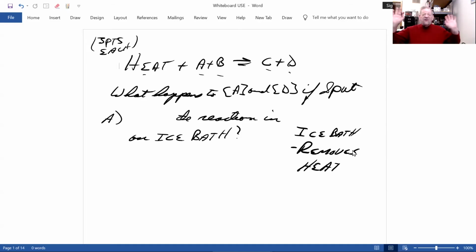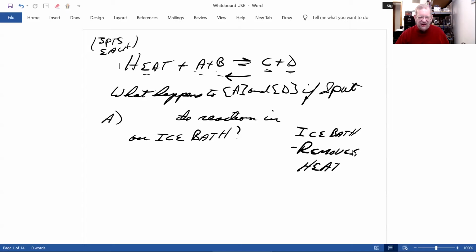Why? Oh no, I don't have enough heat. Somebody removed some from me. The ice bath did. Therefore, it wants more heat. How can you make more heat? The equilibrium shifts that way. C and D react to make more heat, A and B.